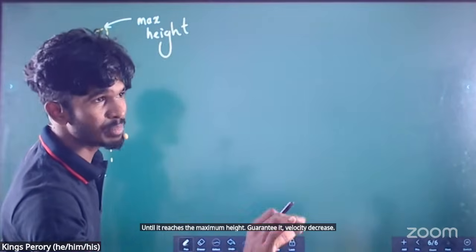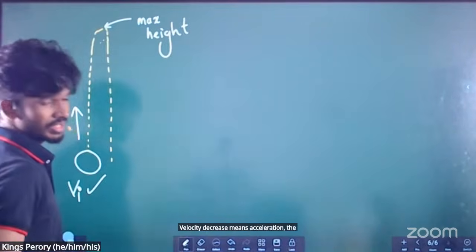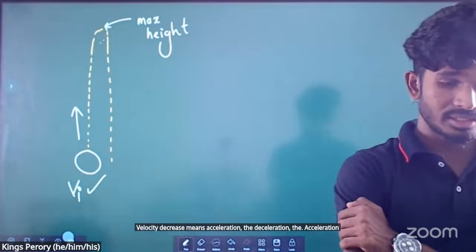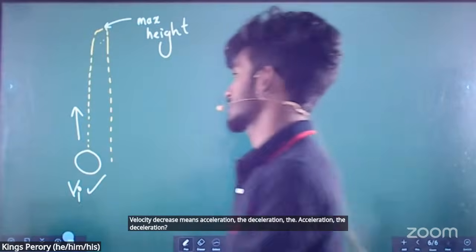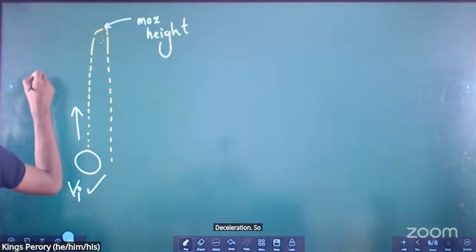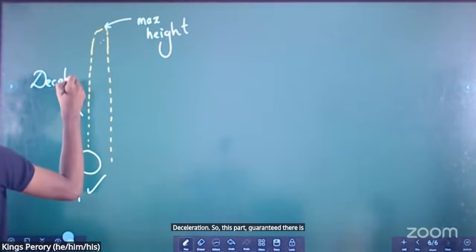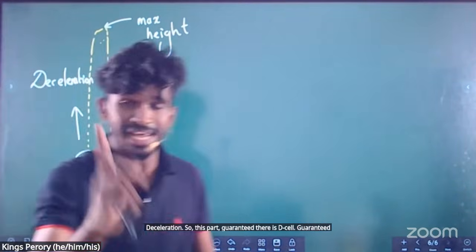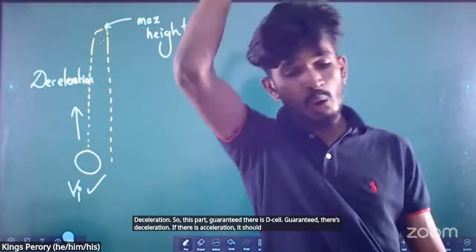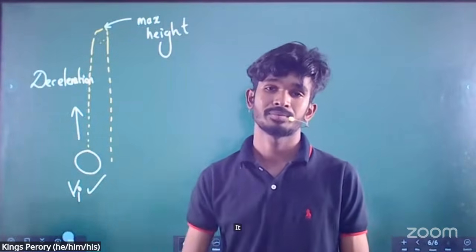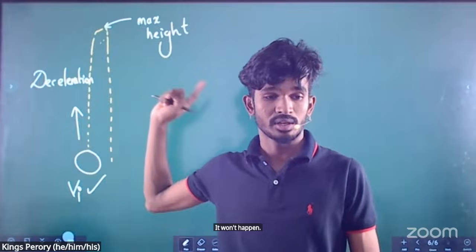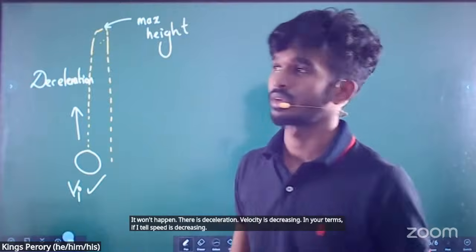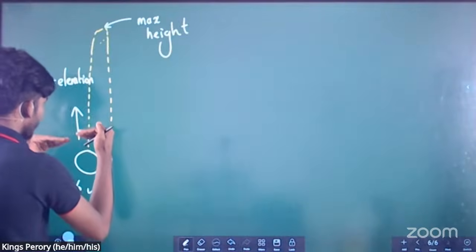Velocity decrease means deceleration. So in this part guaranteed there is deceleration. If there were acceleration, it would break everything and go up. It won't happen. Velocity is decreasing. In your terms, speed is decreasing.